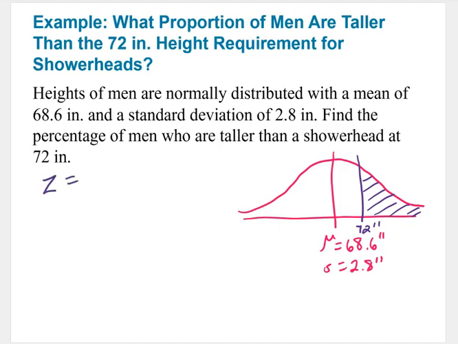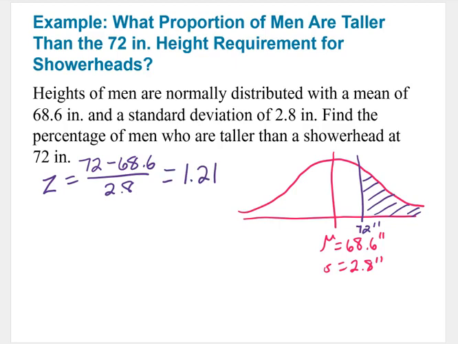So the z-score is going to be our height, which is 72, minus the mean, over the standard deviation. And that, when we round it to 2 decimal places, because we know our z-scores are always 2 decimal places, is 1.21.